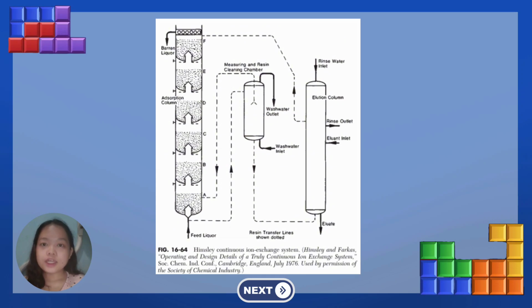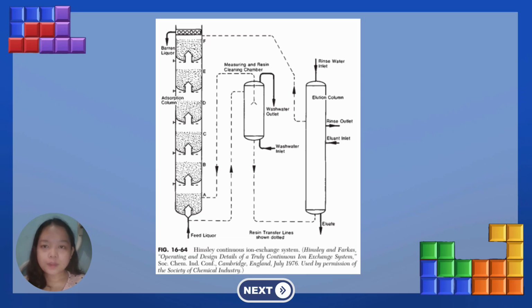After washing, the cleaned resin is transferred to the next part, which is the elution column. Dito nire-regenerate ang resin using eluant, a strong chemical like acid or base. After elution, rinse water is added to remove excess regenerant. Ang treated resin then goes back to the top of the absorption column ready to be reused.